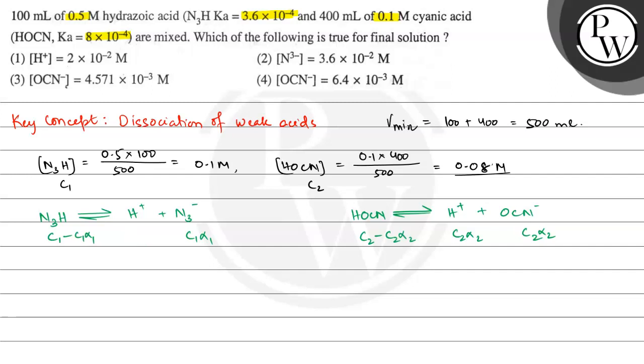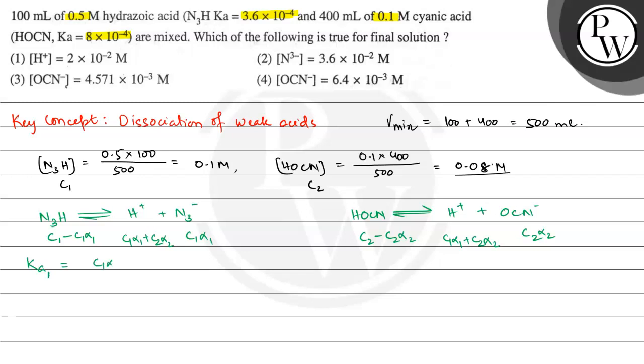So we can write it over here, that is H plus concentration is equal to C1 alpha 1 plus C2 alpha 2, and here also this is C1 alpha 1 plus C2 alpha 2. Alright, now अगर हम इनके equilibrium constants के expressions लिखें, then let this be Ka1, and this is equal to concentration of H plus multiplied by concentration of N3 minus.